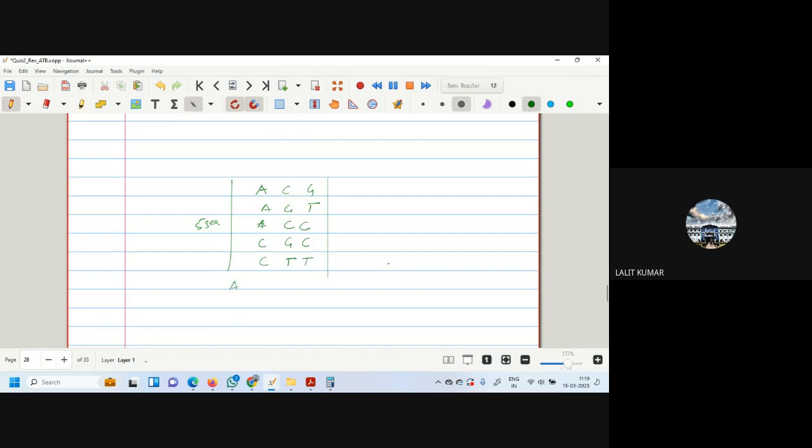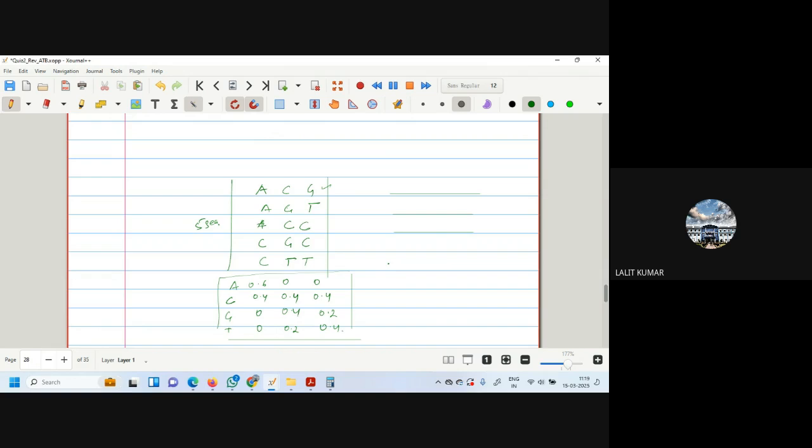So here we get the columns for A, C, G, T, with values like 0.6, 0.4, 0, then for C and G 0.4, 0.2, and 0, 0.4, 0.2, 0.4. Now we have got this profile from the motif.